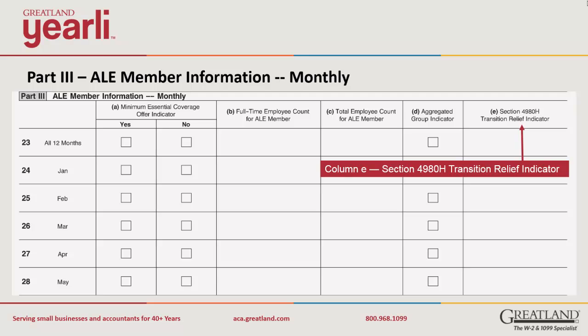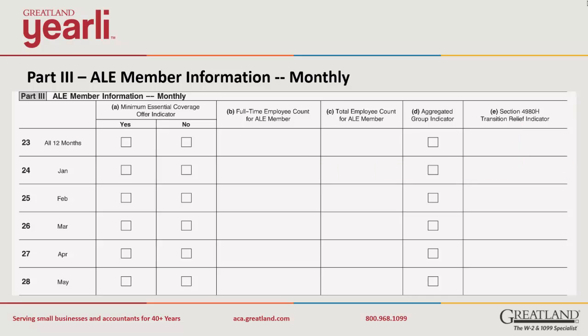As discussed earlier, if the employer checks box C on line 22, either code A to indicate the 50 to 99 relief or code B to indicate the 100 or more relief should be entered in column E of Part 3.